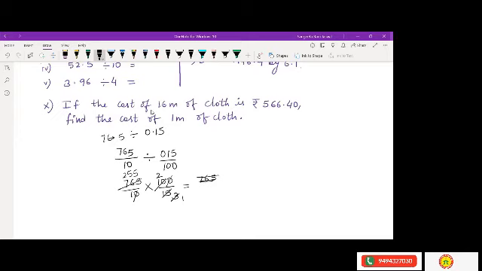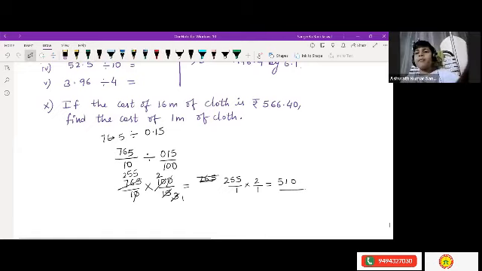So in the numerator I have 255 and denominator is 1, and this side I have 2, denominator is 1. So that means 255 into 2. 2 5s is 10, 2 5s is 10, 11 and 2 2s are 4 plus 1, 5. That gives me 510. Okay? Understood, Ashwath? Yes, ma'am.